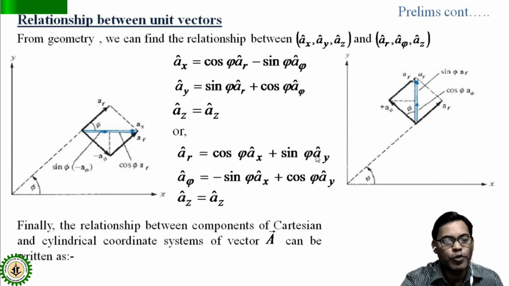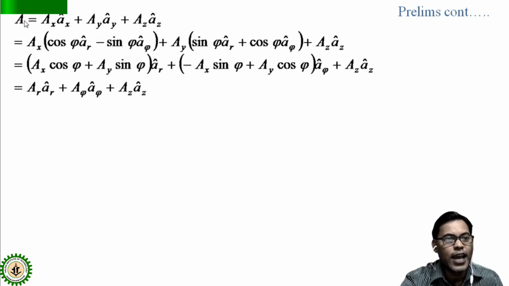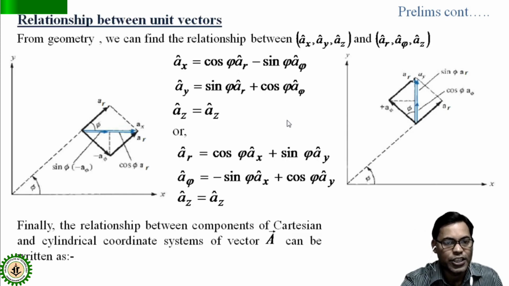Now we are going to represent this expression. In Cartesian coordinate system, A equals Ax plus Ay plus Az, and the unit vectors ax, ay, az are replaced by these parameters, because these expressions we got from the cylindrical coordinate system.